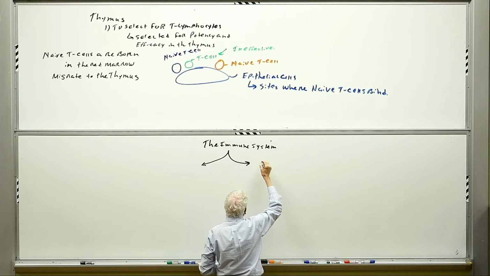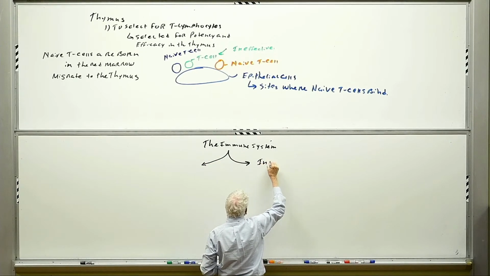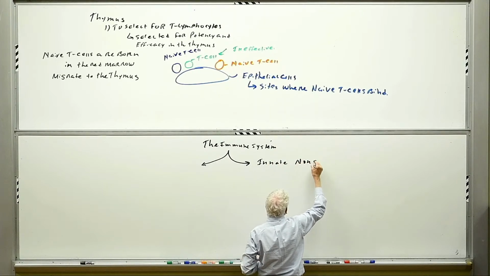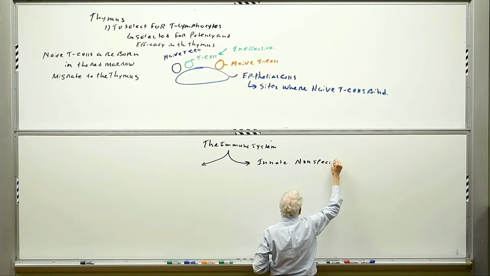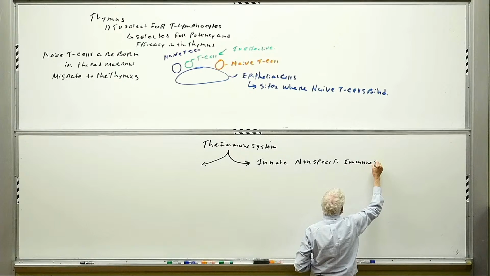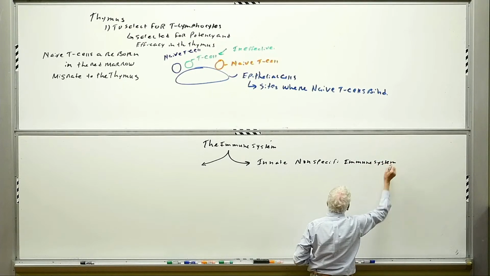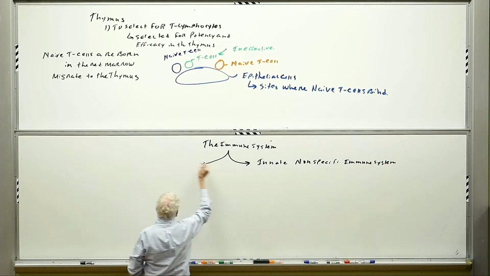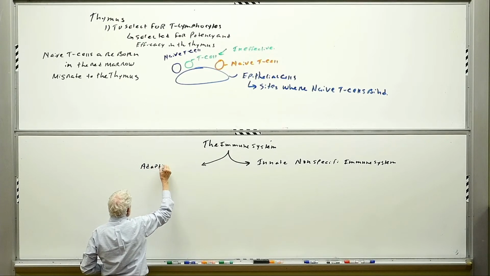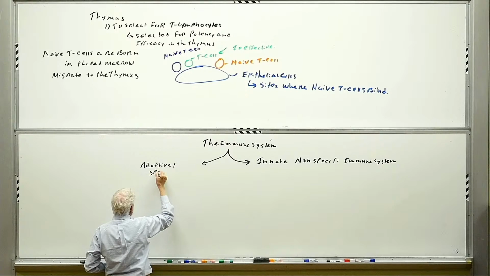One is said to be the innate or non-specific immune system. And the other is said to be the adaptive or specific immune system.